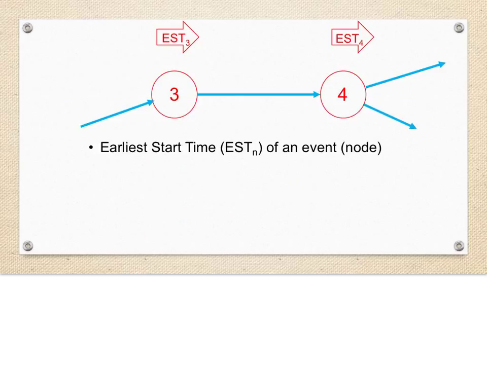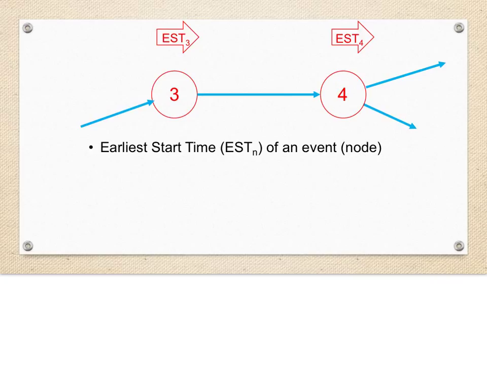As we create the arrow diagram, we can label these start and finish times directly on the illustration. In this example, we have events 3 and 4. Event 3 represents the beginning of task 3-4, while event 4 represents the completion of task 3-4.